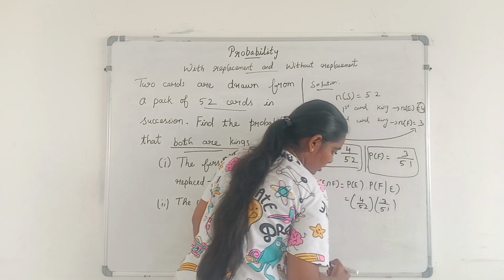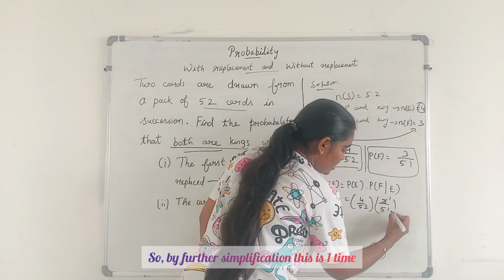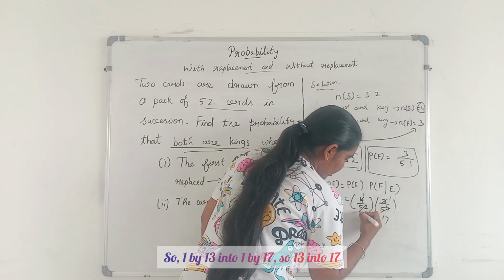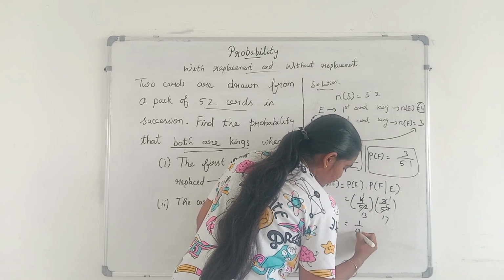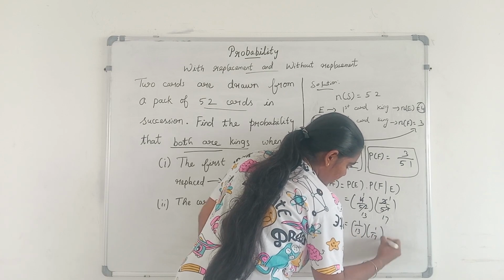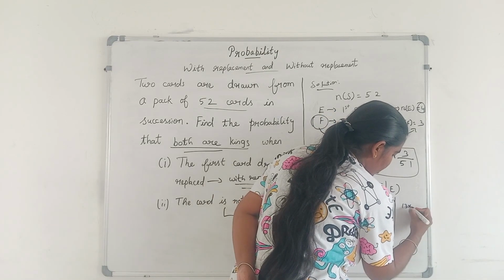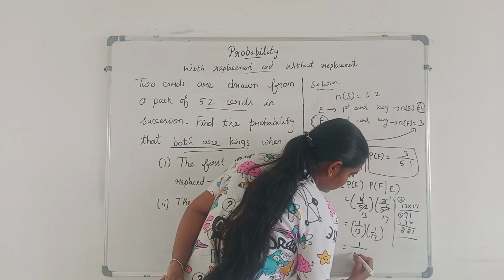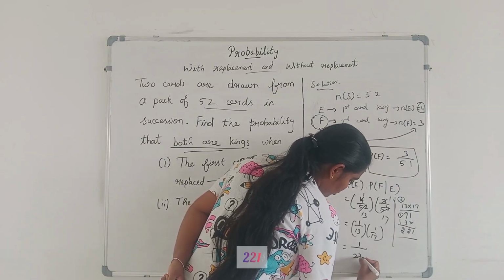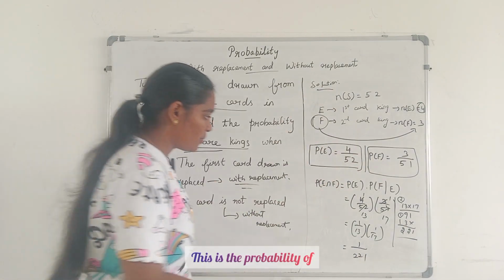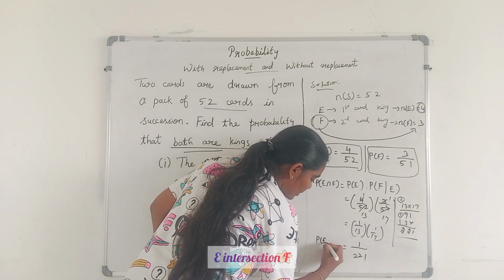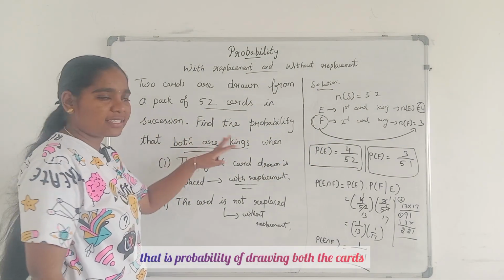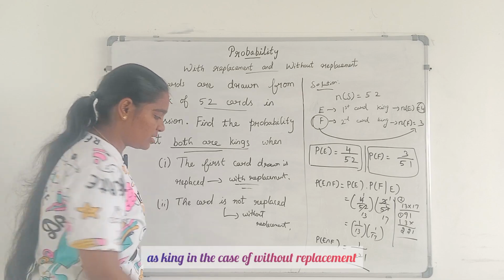By further simplification, 4 by 52 is 1 by 13 and 3 by 51 is 1 by 17. So 1 by 13 into 1 by 17, and 13 into 17 is 221. So this is the probability of E intersection F, that is, the probability of drawing both the cards as kings in the case of without replacement.